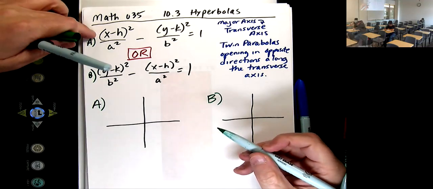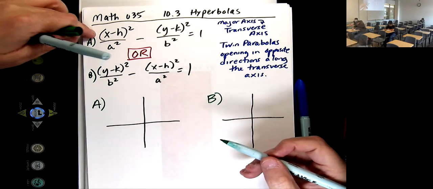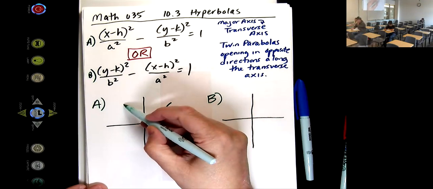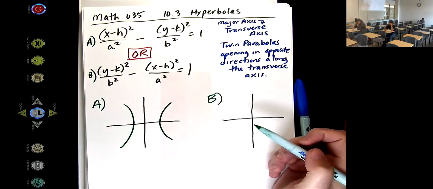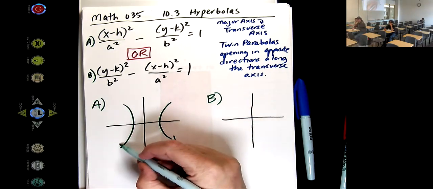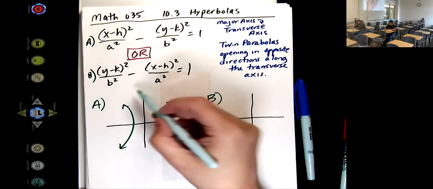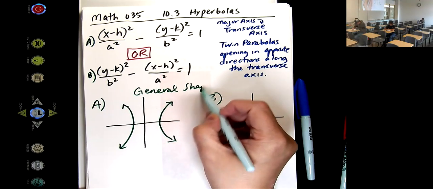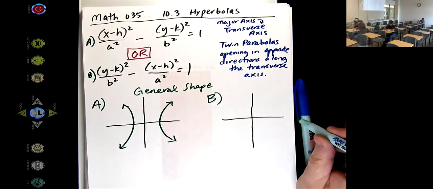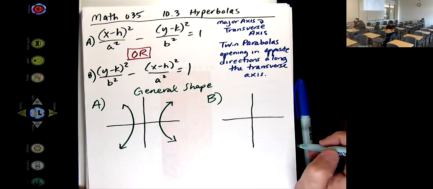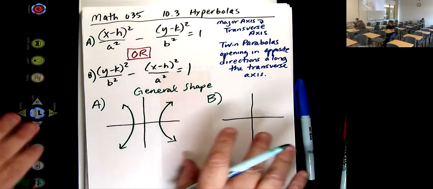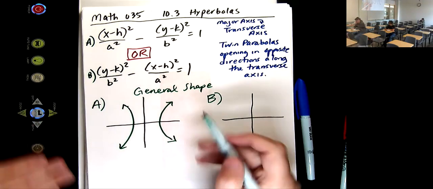When x is the positive term and y is the negative term, we're going to have something that looks like this. This is the general shape. We'll dive into the details of how you draw it in a second. That's what I mean by parabolas opening in the direction of the transverse axis.